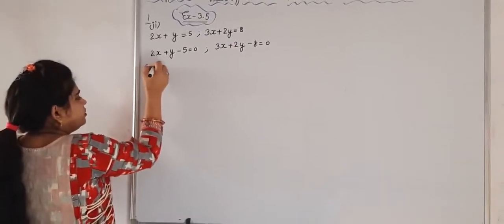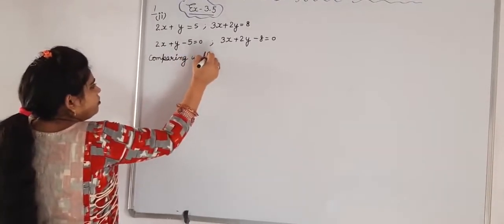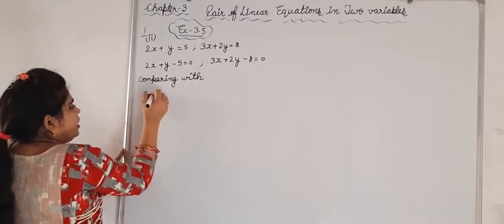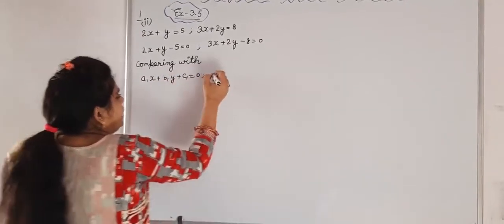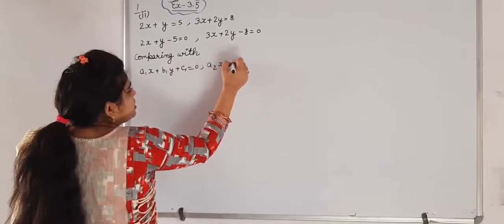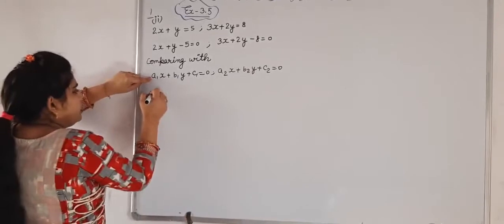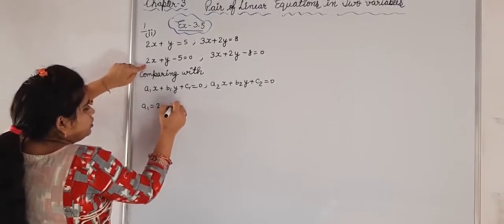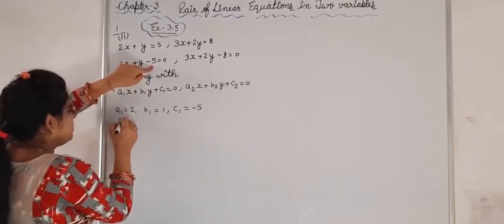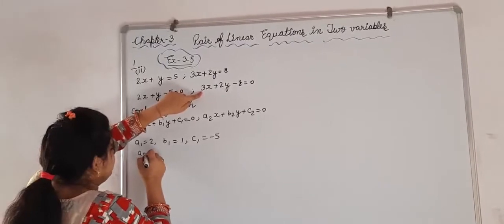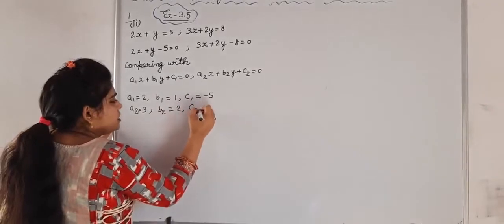Comparing with a1x plus b1y plus c1 is equal to 0 and a2x plus b2y plus c2 is equal to 0, we will get a1 is equal to 2, b1 is equal to 1, c1 is equal to minus 5 and a2 is equal to 3, b2 is equal to 2, c2 is equal to minus 8.